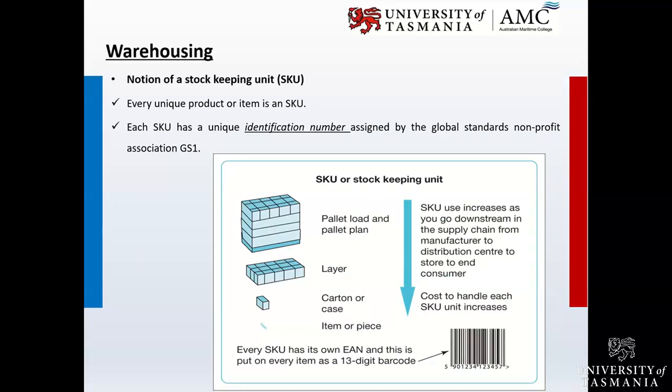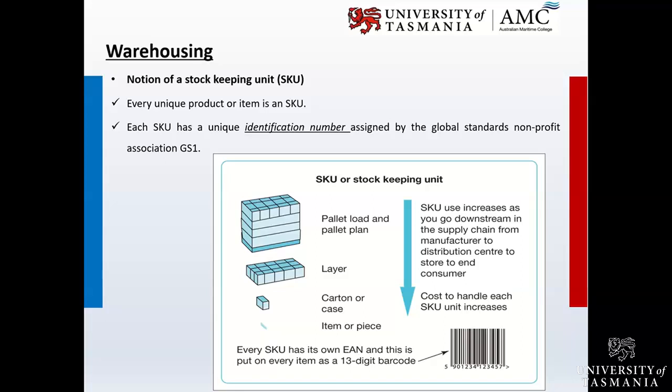Now we look at the SKU, the stock keeping unit. Stock keeping unit is a unique product or item. It can be called an SKU. And each SKU has a unique identification number. This number is assigned by GS1, the Global Standards Non-Profit Association.